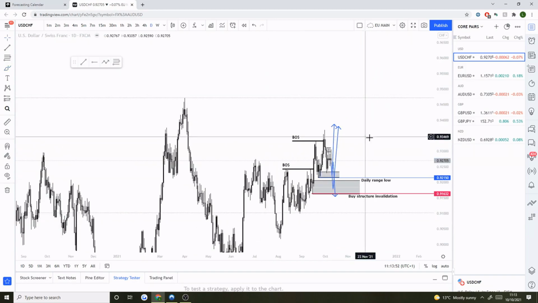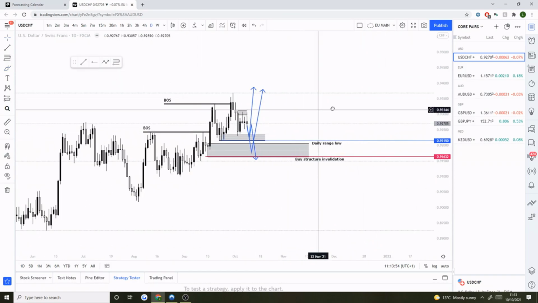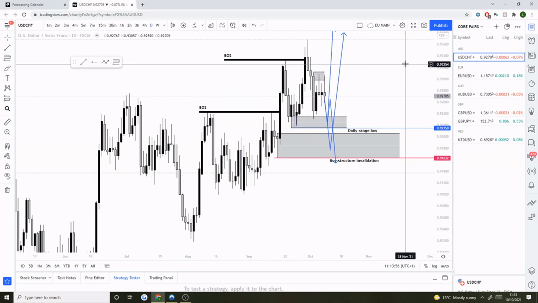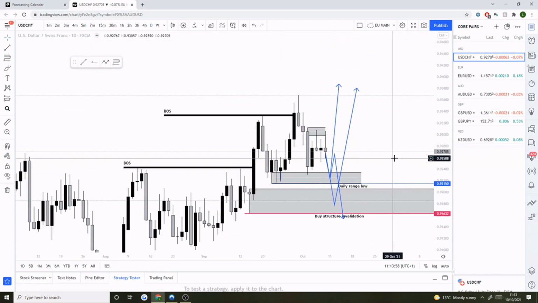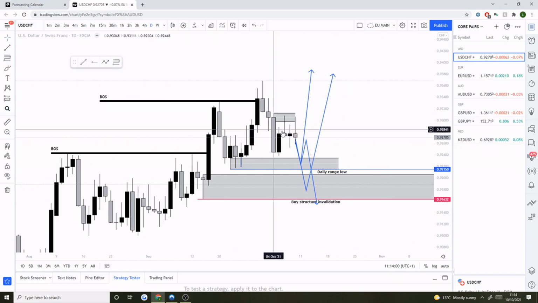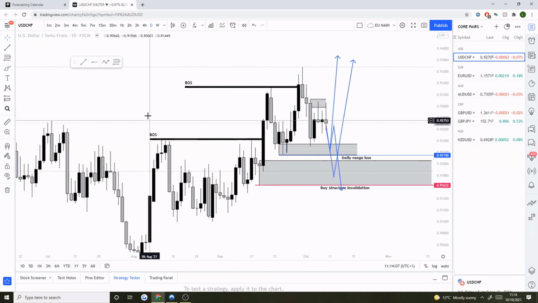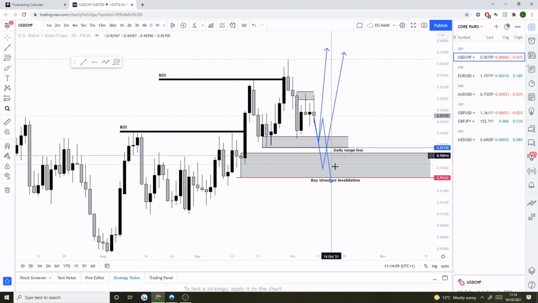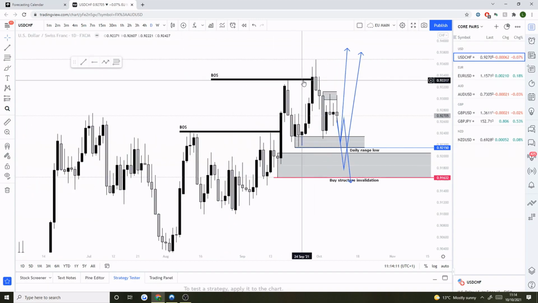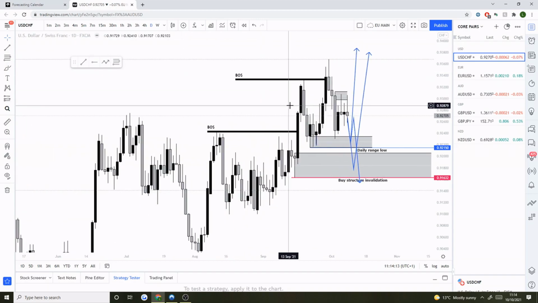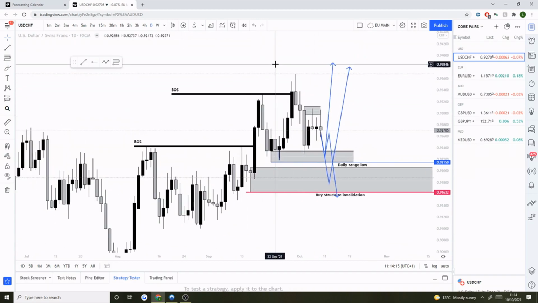Alright, so my analysis just popped up, and as you can see, it's not changed that much from last week really. The 4-hour order block that I mentioned last week, that was just violated. So I'm still looking at buys overall on the USD CHF structure, and for me there's 2 areas to buy from.